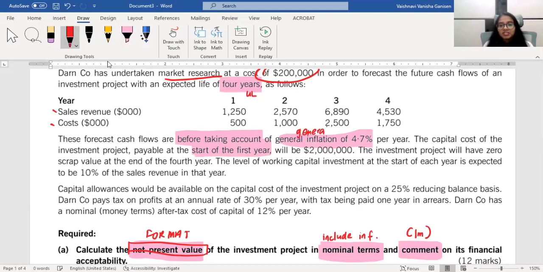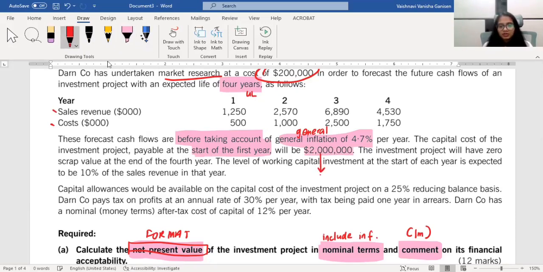So general inflation rate means all your costs and all your revenue will increase at the same percentage of 4.7%. All right. Now, the capital cost of the investment project payable at the start of first year would be 2 million. So this is my initial investment.